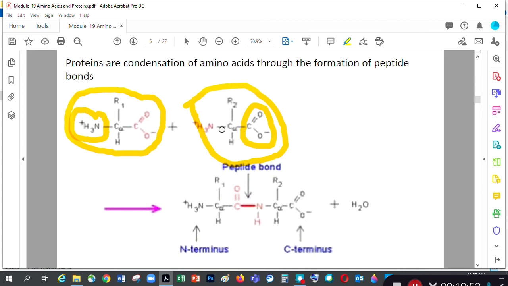If you connect them together, the amino group will come and interact with this carboxylic group. The 2 hydrogen from here will come and take this oxygen, and produce H2O.